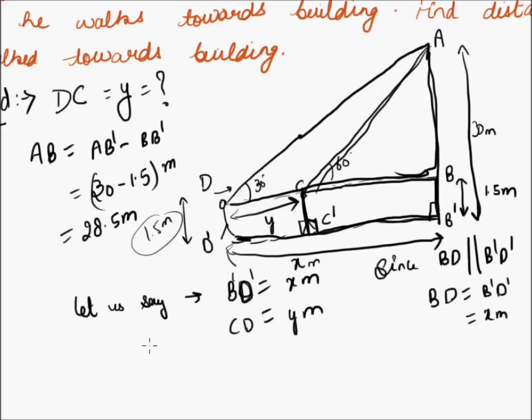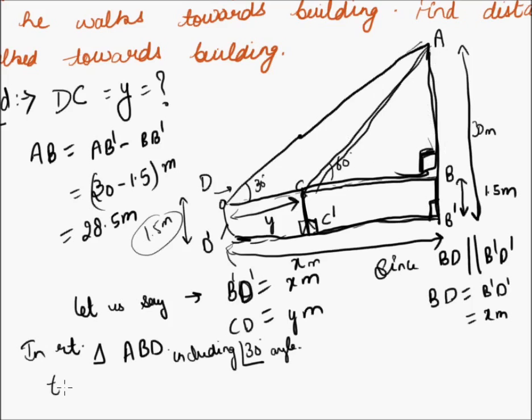Now in right triangle, let us say ABD, the major triangle including the angle 30 degree, friends, if we look, both the triangles formed, AB is common to both of them, so we will be using AB to our advantage.